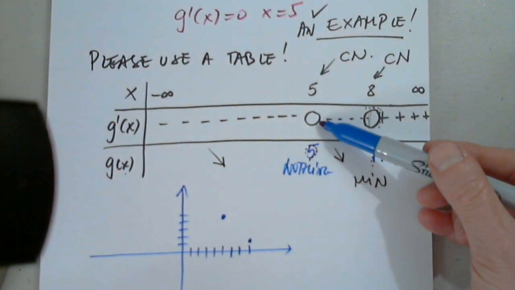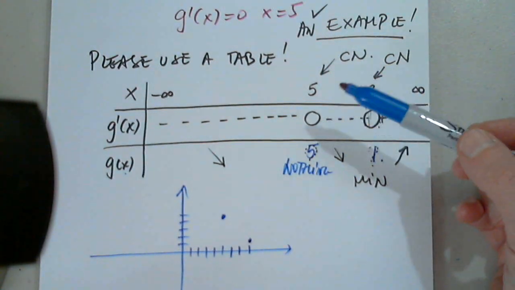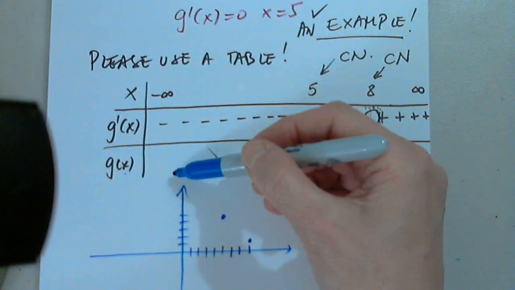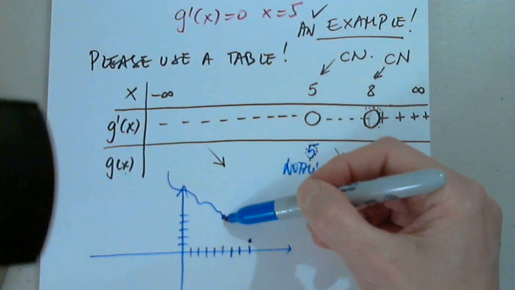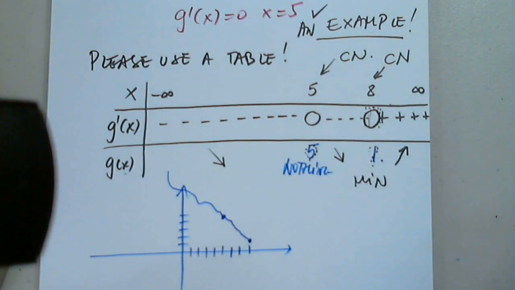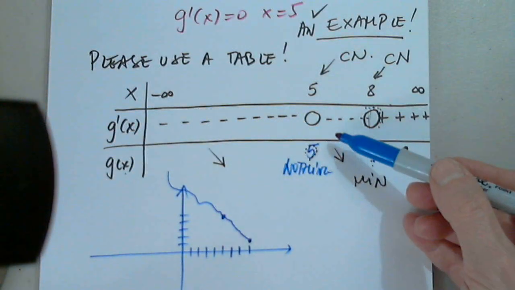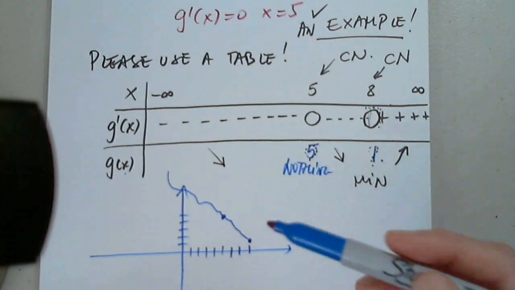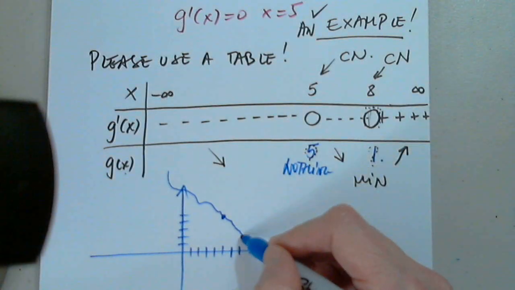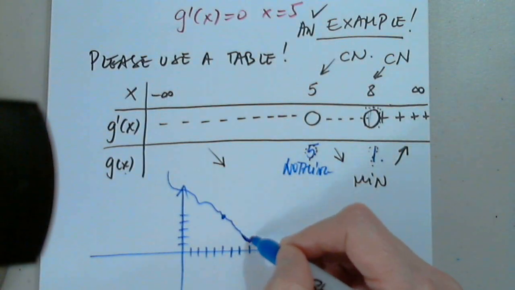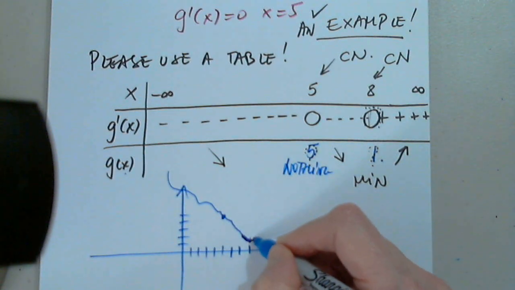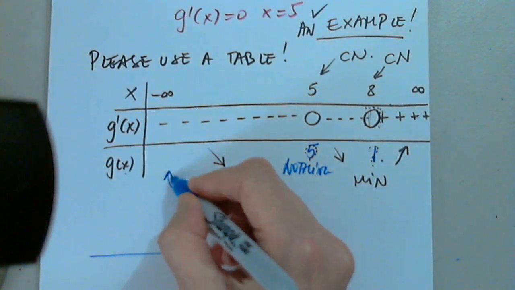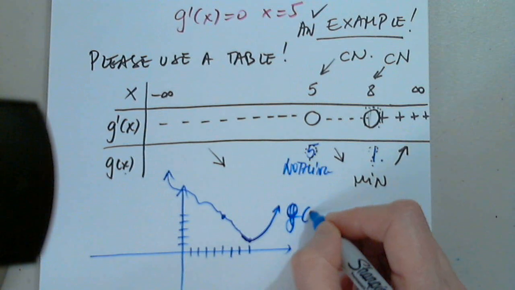So the function is decreasing and continues to decrease. I'm going to graph something like this, decreasing, passing through 5 comma 5, getting to 8 comma 1, where the slope is 0. I have to make it so it shows it's not a corner. And that's it, so here is our g of x.